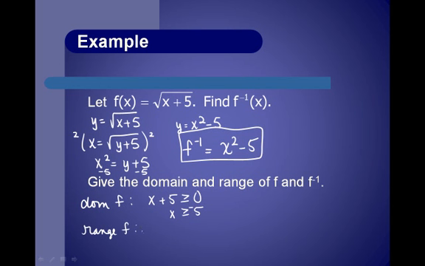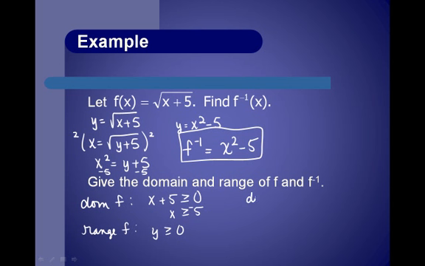The range of f: if you take the square root of a number, you cannot get a negative number. We could get square root of 0 is 0. The range of f is going to be all real numbers greater than or equal to 0.